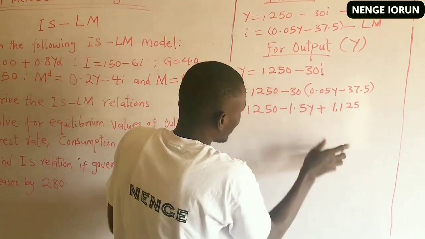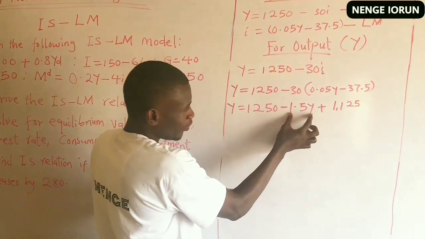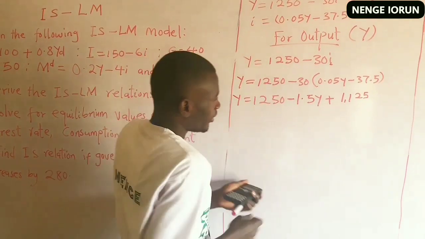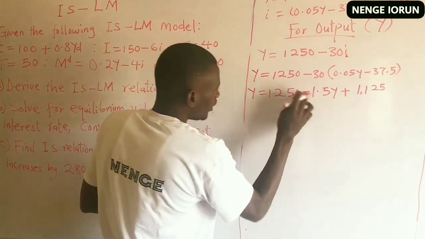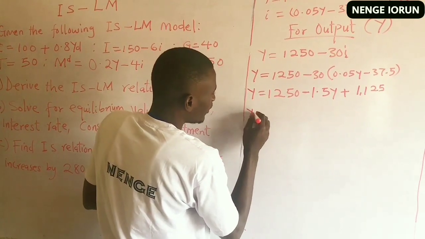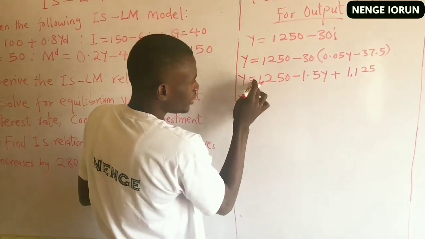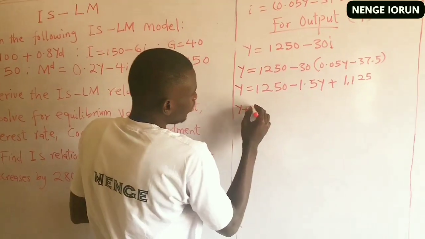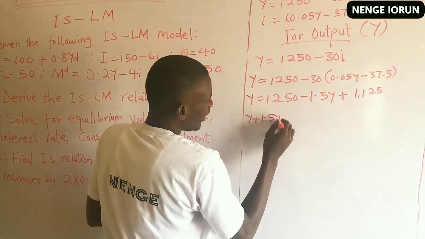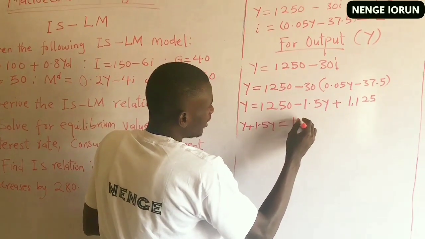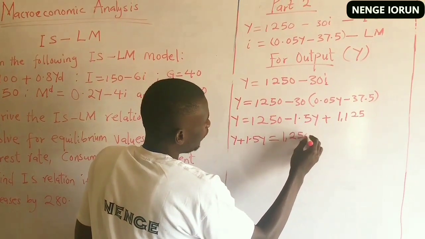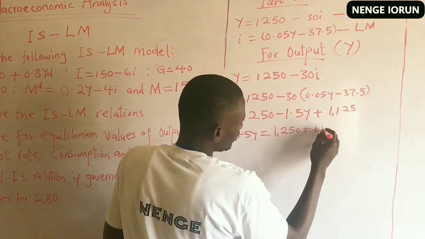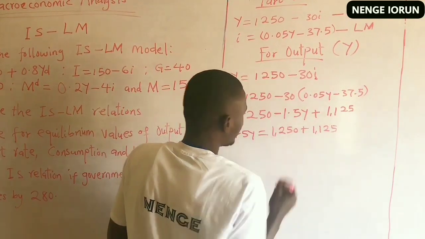Now we collect like terms. The term with Y crosses to meet Y here, and the ones without Y stay on the right-hand side. By so doing, you have Y, and this one is negative; crossing the equality sign, it changes to positive automatically. Y plus 1.5Y is equal to 1250 plus 1125.